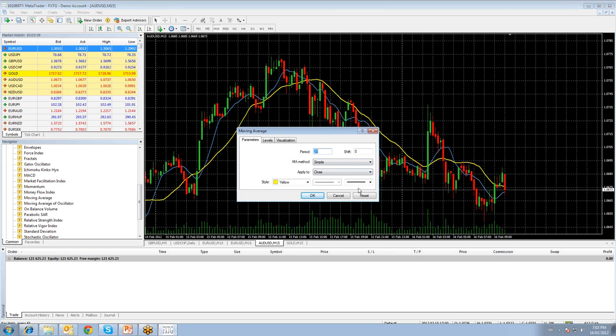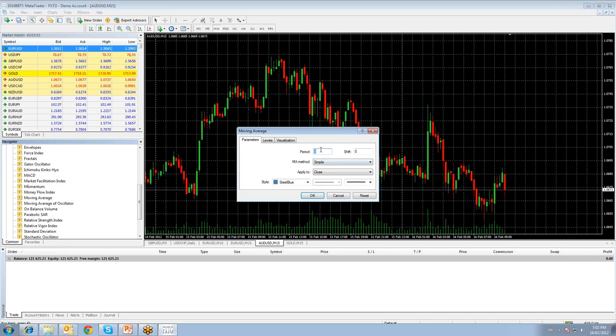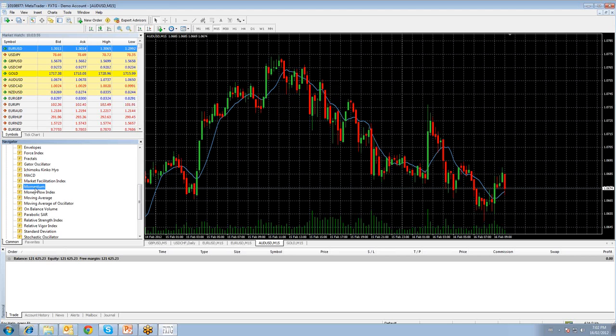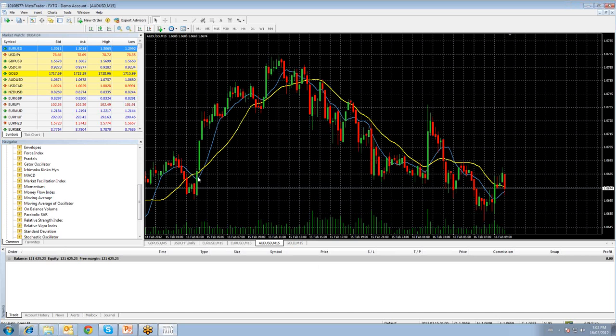One is on 21, the other one's on 9, and I will show you quickly how I drop that. I go to moving average, I drag, I put one on 9, I ensure shift is 0, and then I put another moving average, the other one on 21. Let's make it yellow, just to separate the color.